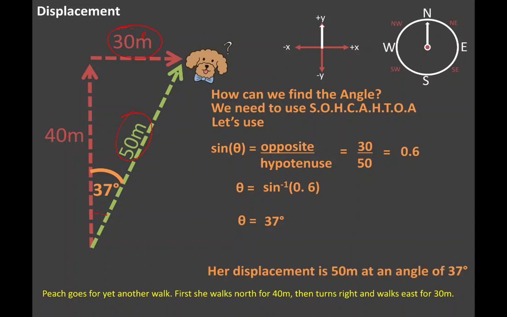So our displacement is 50 meter at an angle of 37 degrees, because we said direction is very important, right? This doesn't work only for displacement, it works for all vectors. There are other ways of finding vectors that act at right angles to each other, but for this video we're gonna stick to this one.